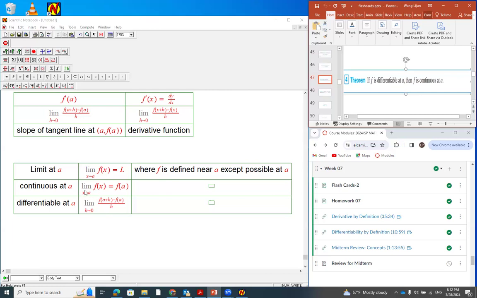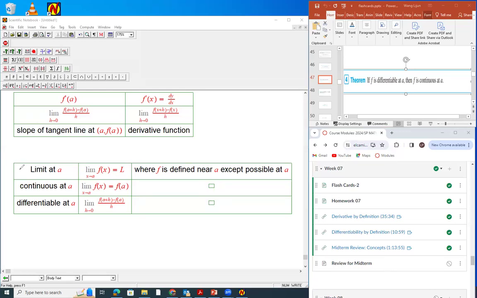So what's the relationship between these three?